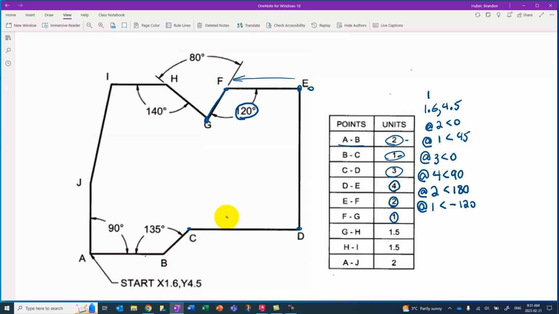Now for the hardest part of this entire example, moving from G to H. Why is this the hardest one? Well, look at this. We're given angle 80. The problem is that angle is not measured from 0 degrees. It's measured from some other angle. So we need to figure out the angle from a 0 degree line.